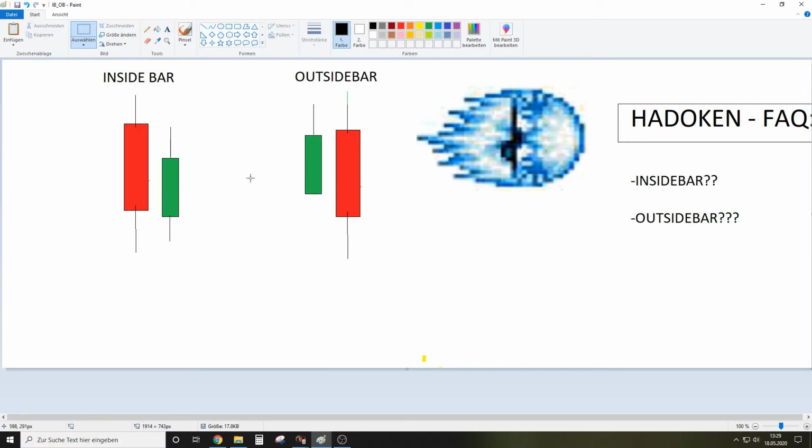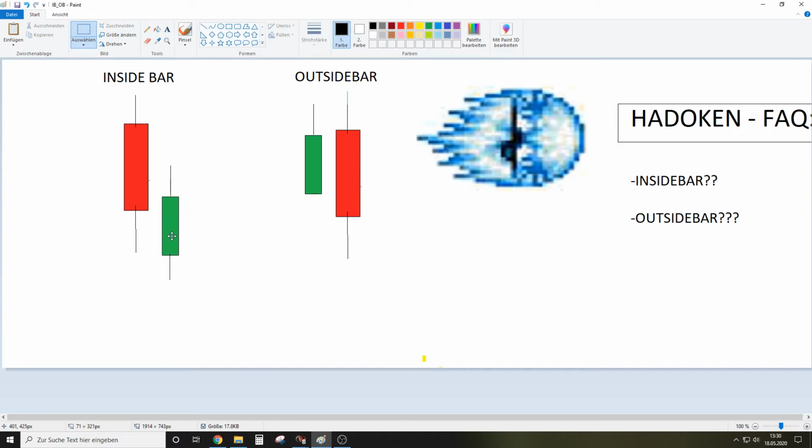Okay, maybe some special case. What happens if we have the same low or the same high, if it's matching low? Well, we still call it an inside bar, as long as the other criteria is met, that the high is lower than the previous bar's high, it is still an inside bar. So this one, still an inside bar.